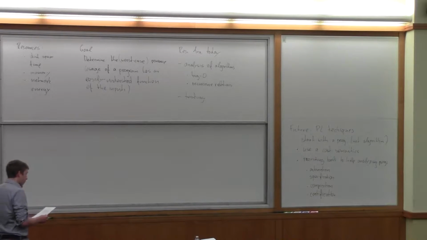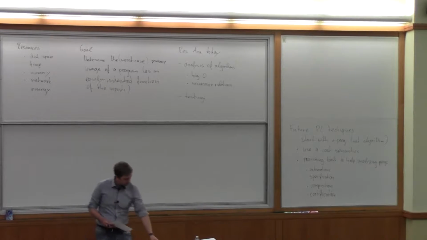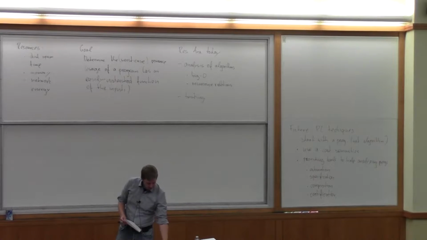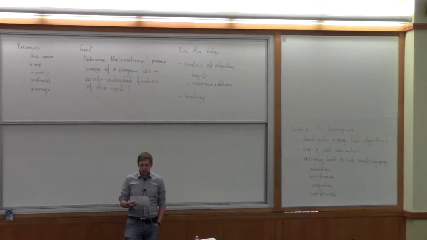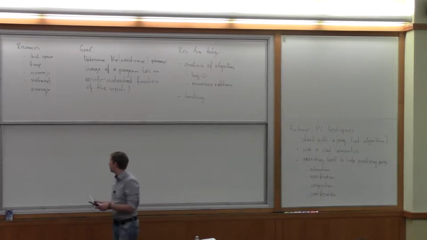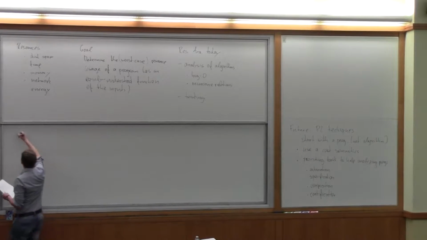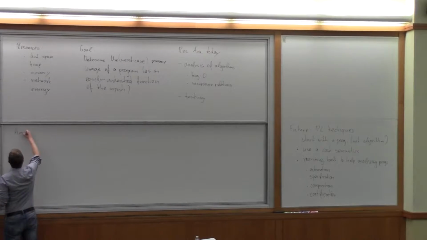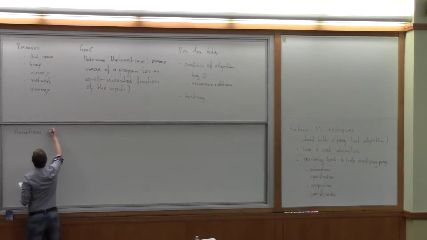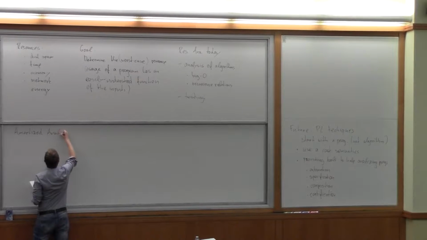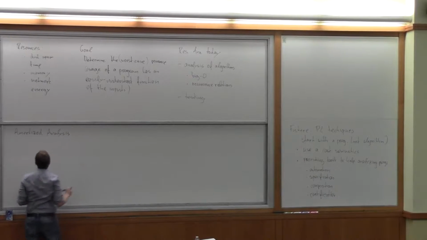So yeah, what is the potential method? It is a way basically to get good worst case bounds for a sequence of operations. Amortized analysis has nothing to do with programming languages.